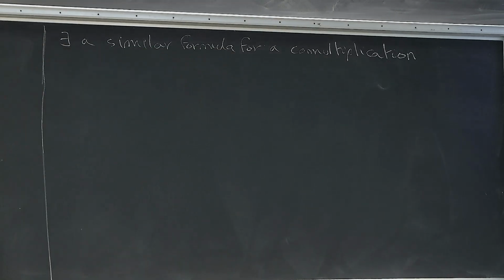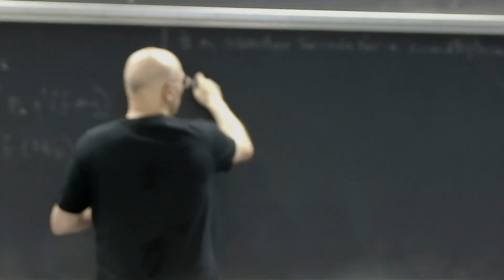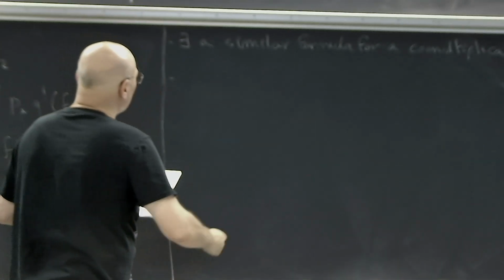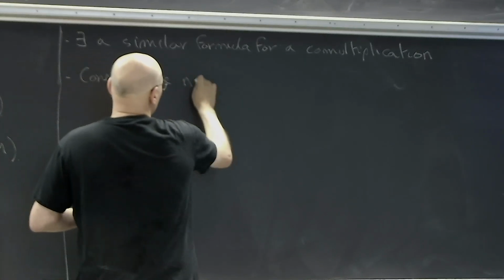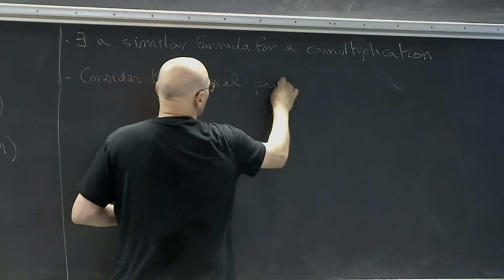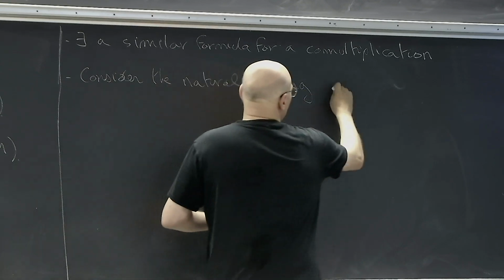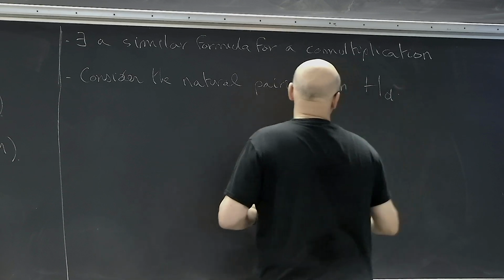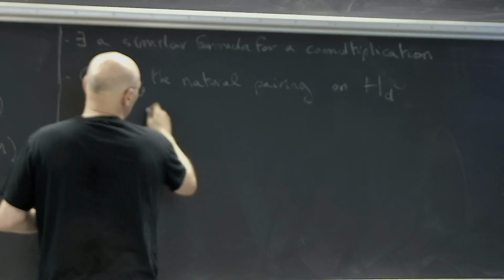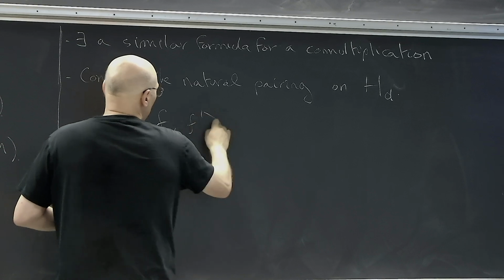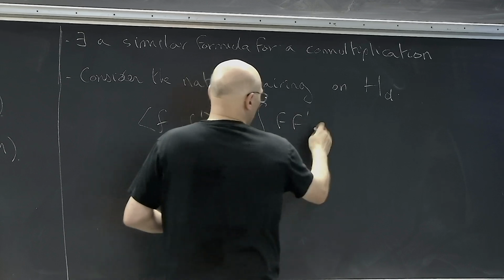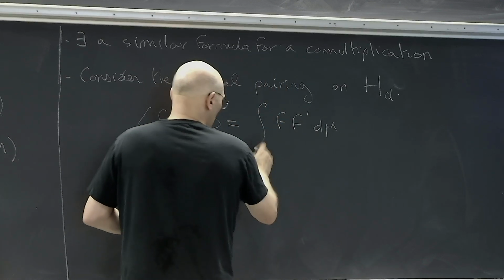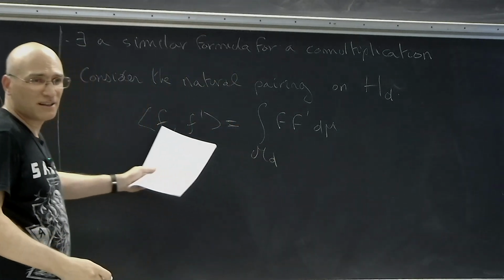But good news is you can get this formula very naturally by what I will now write. Consider the natural pairing on H_D. So F, let's say F prime, is going to be, I would write it like this, the integral of F F prime dμ over M_D, but this is a bit provocative.